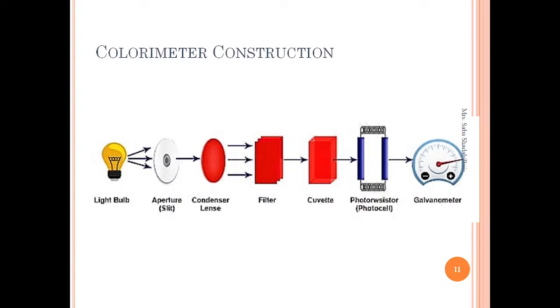The filter selects the light of that particular wavelength and it falls on the cuvette. The cuvette has the sample, in which the analyte absorbs the light, and the remaining light passes on to the photocells, which are sensitized by the galvanometer, and the galvanometer gives a reading.